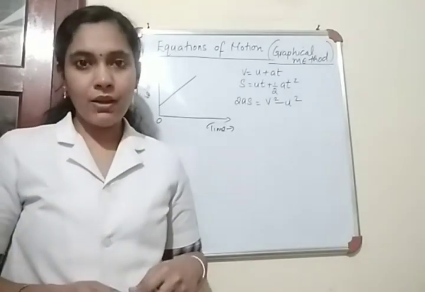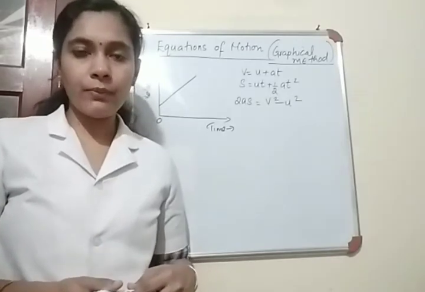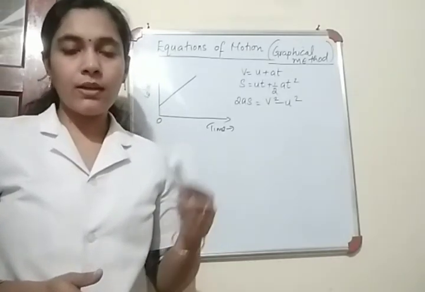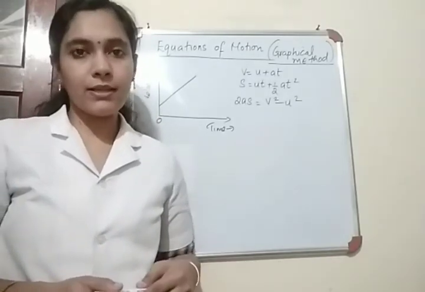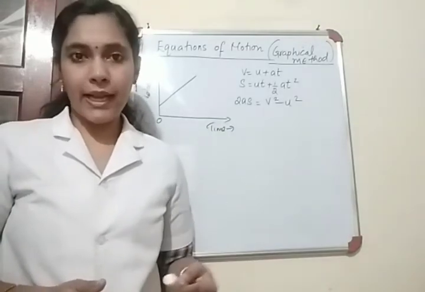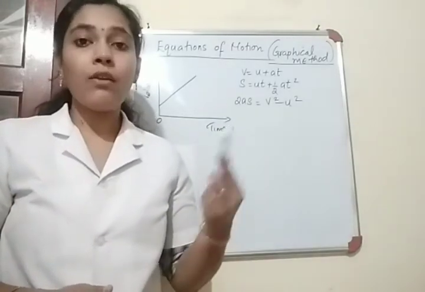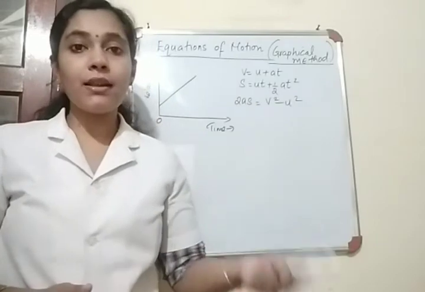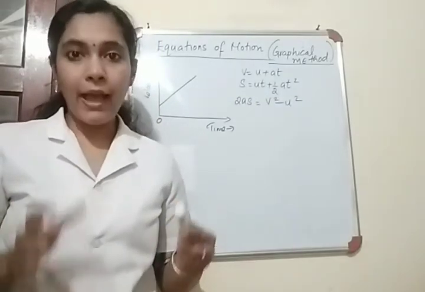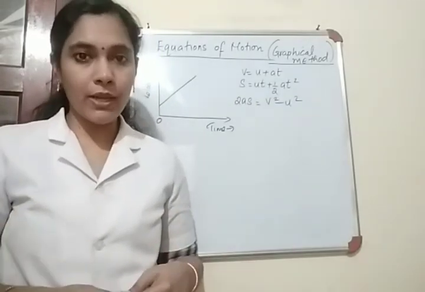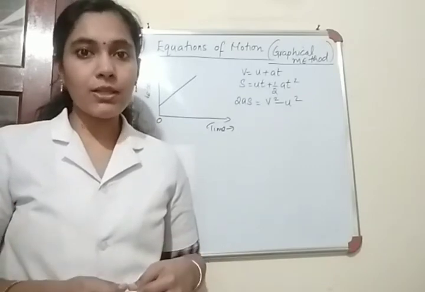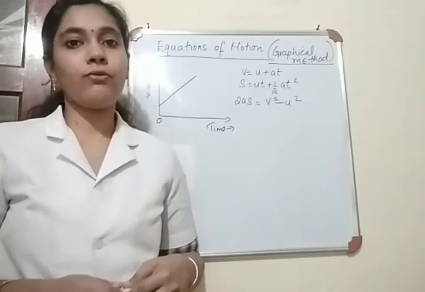I repeat, what do you mean by equations of motion? Whenever an object is moving with uniform acceleration, we can relate the position, velocity and acceleration of that object with the help of a certain set of equations. And these equations are known as equations of motion.